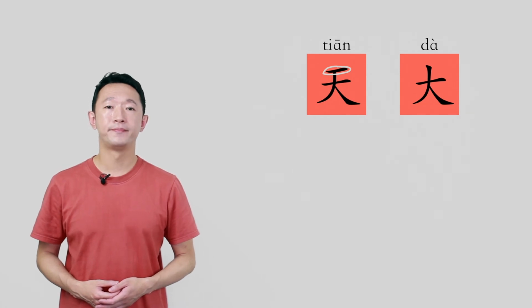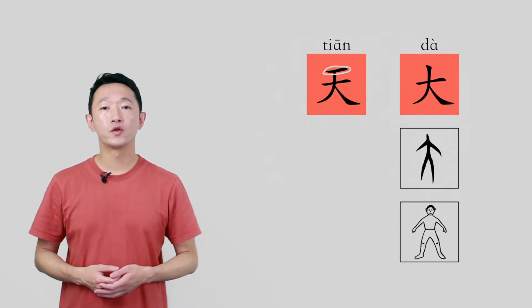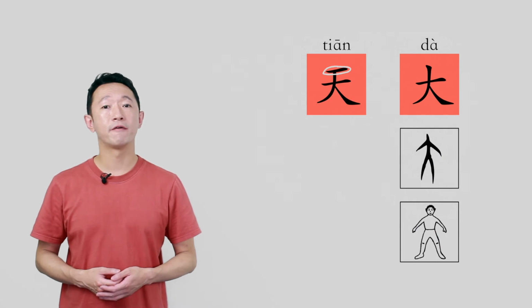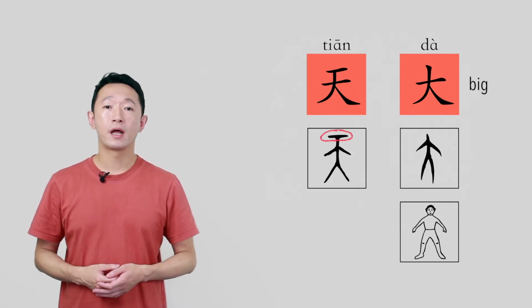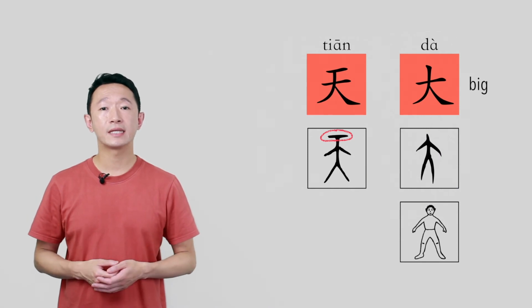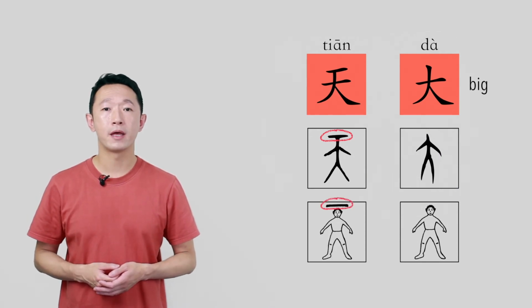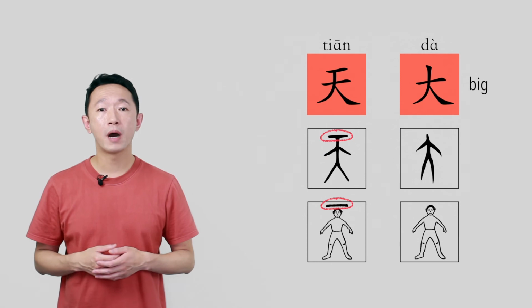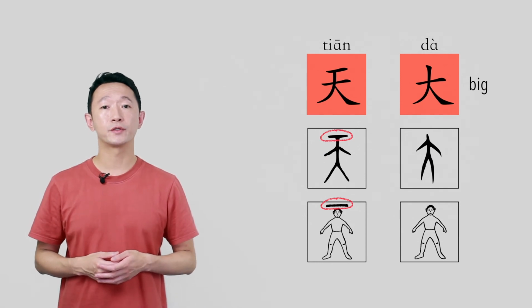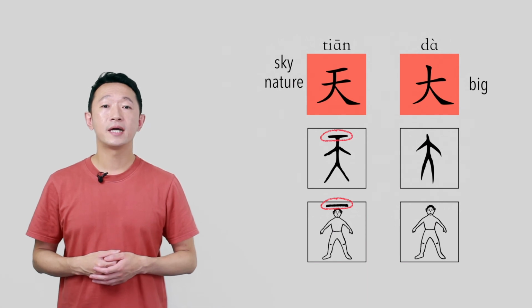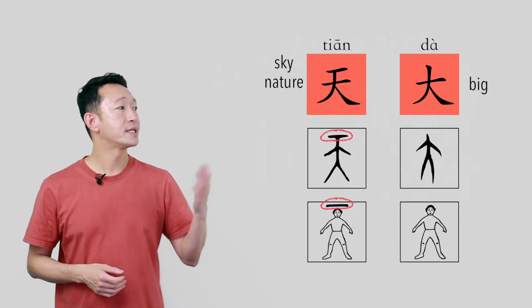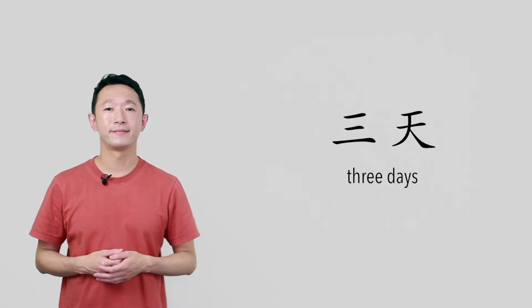of 大. 大 was made by drawing a man stretching himself to convey the meaning of big. The short line on top of it indicates the place above man, or something more powerful than man, which refers to sky or nature. Its another extended meaning is day, such as 3天, 3 days.